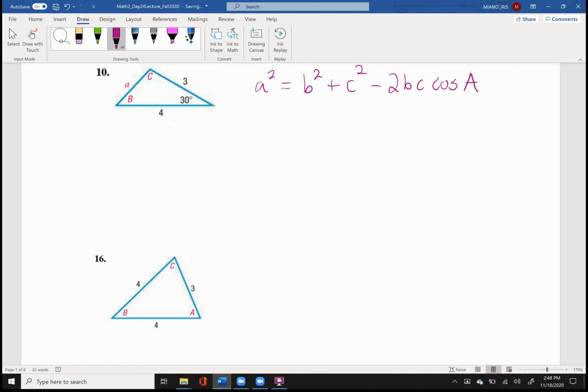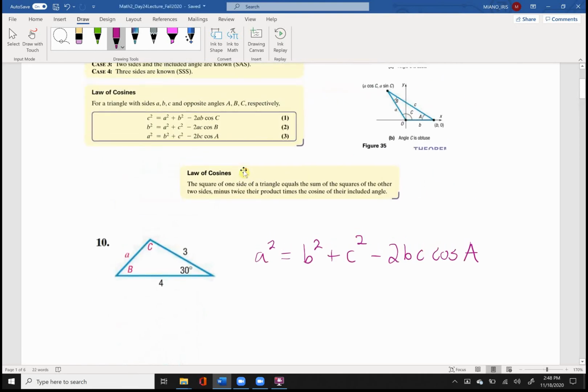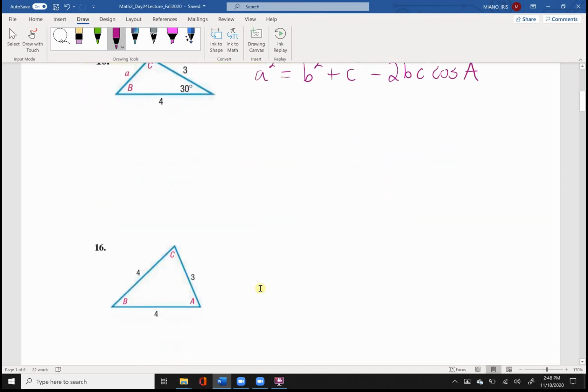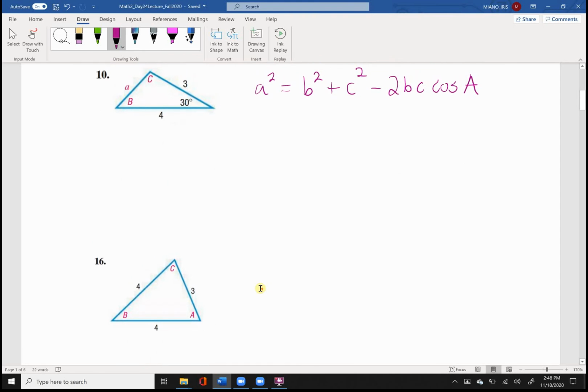Okay, so that's just me writing down the appropriate version of law of cosines that I want to start off with in regard to solving this triangle in number 10. That's going to be this bottom one right here. And I recommend that you write it down in its generic format with a's, b's, and c's every time you use it, so that by the time the exam rolls around on this material, you have it deeply embedded into your heart.